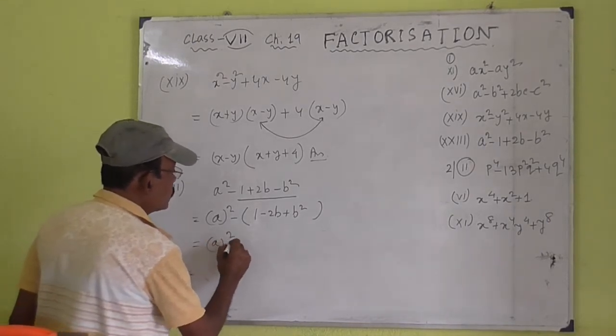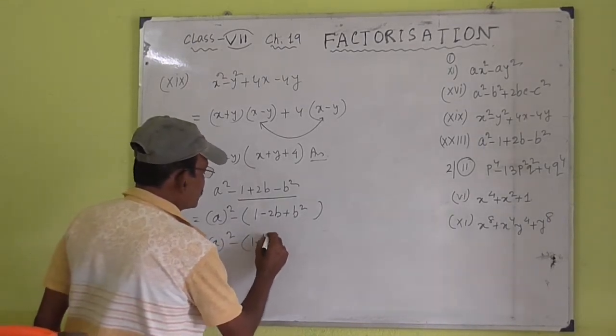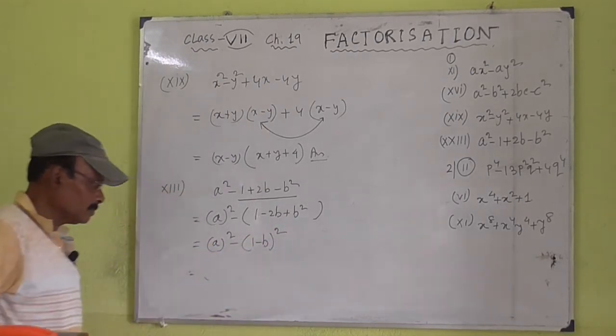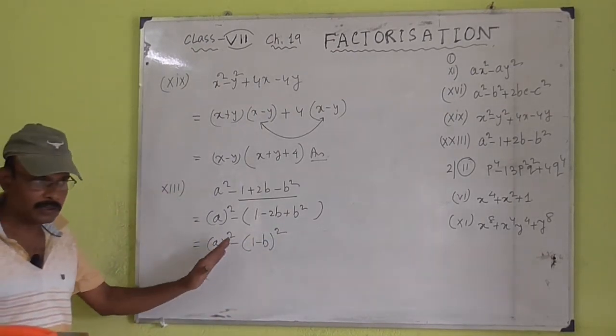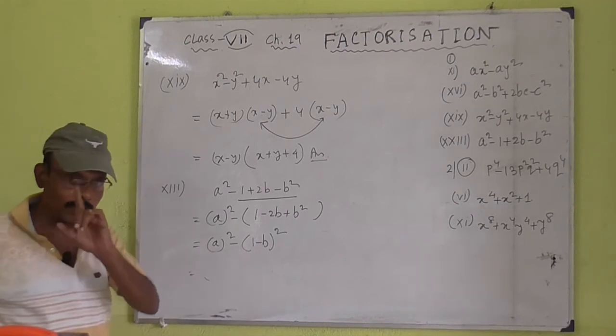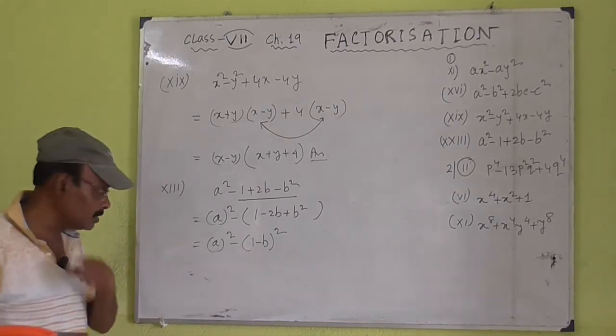So a square minus 1 minus b whole square, and this belongs to the formula of a square minus b square equal to a plus b into a minus b.